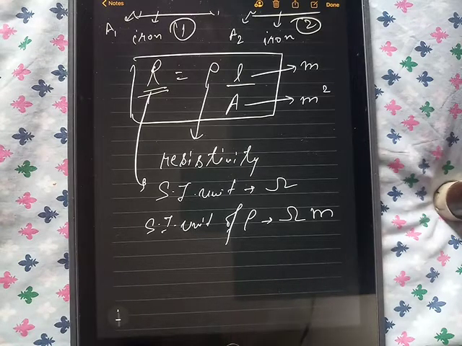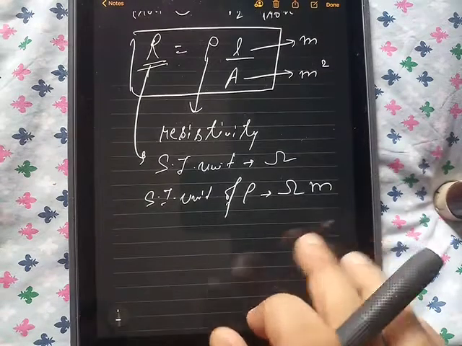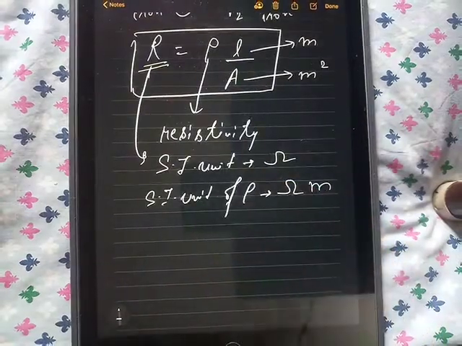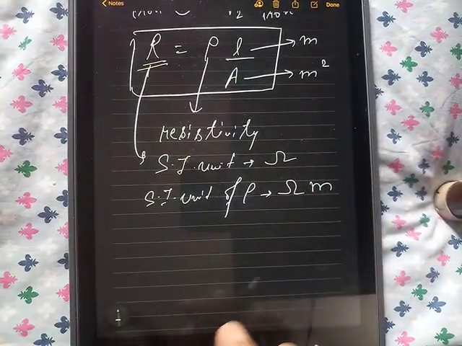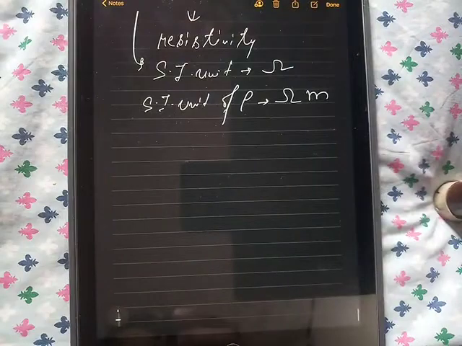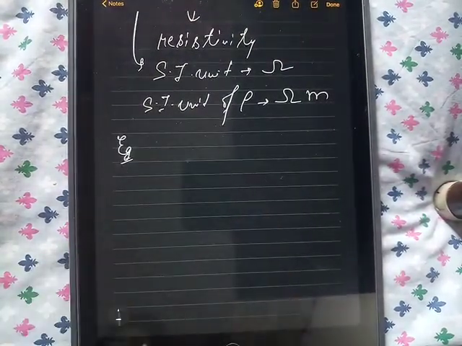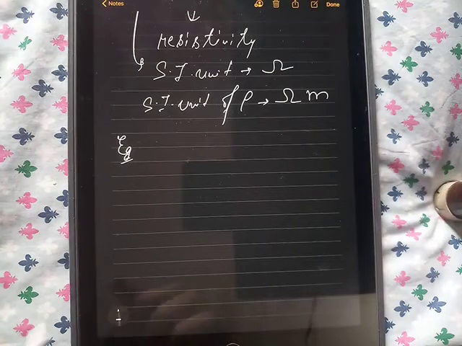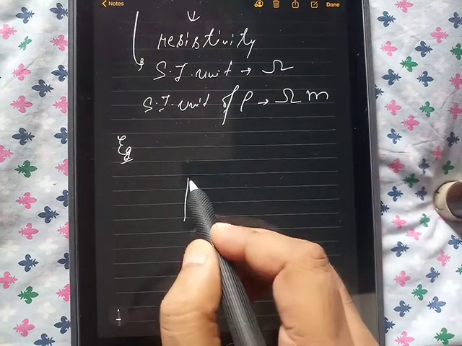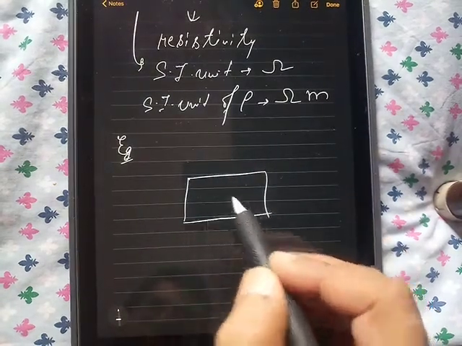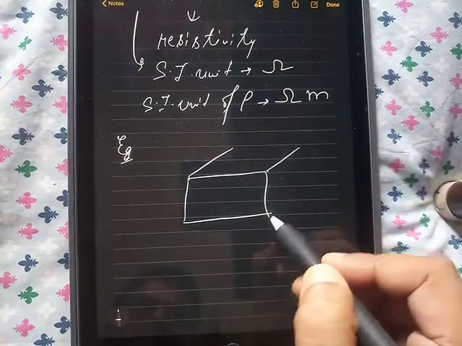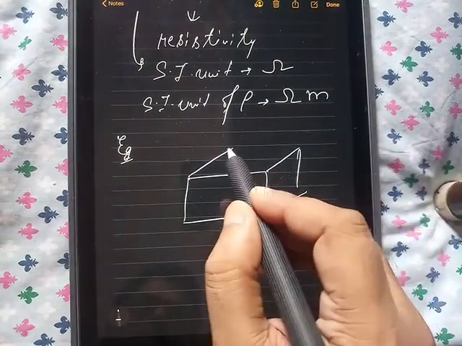Now, what do these terms represent? What is L, what is A, how can we define these terms? Let us take an example. Let us take a cuboid of different lengths.